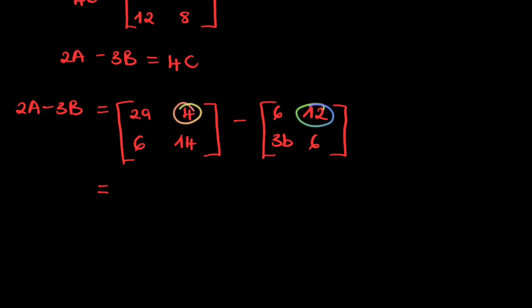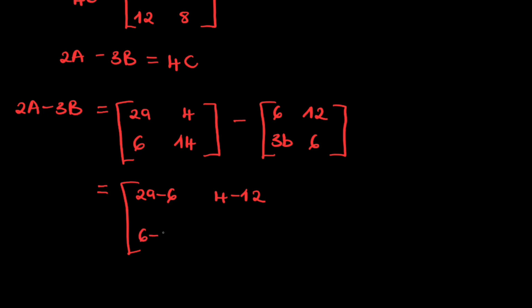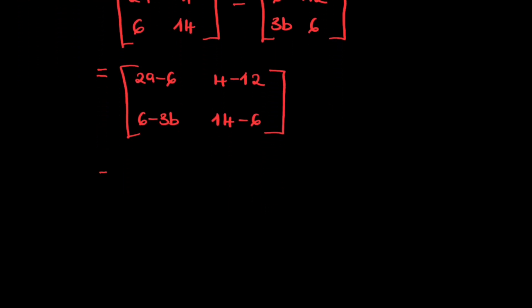This and this we can subtract, this and this we can subtract, and this and this we can subtract. So we are going to have 2a minus 6, 4 minus 12, 6 minus 3b, and 14 minus 6. So now we just simplify.